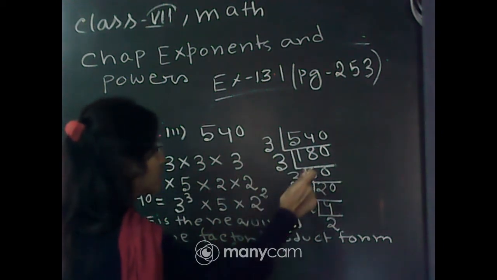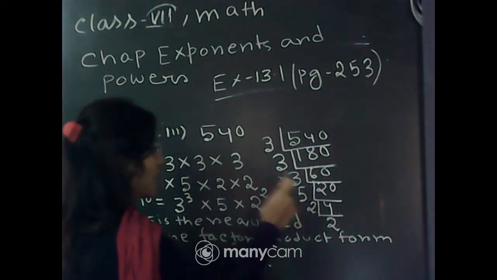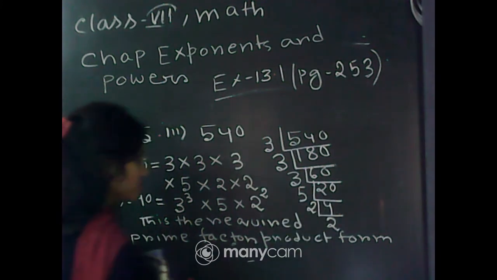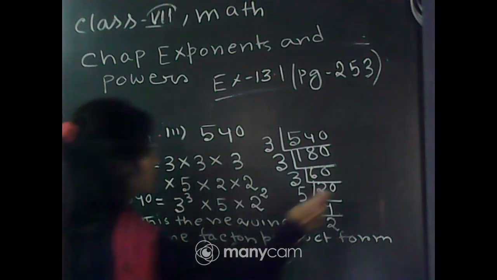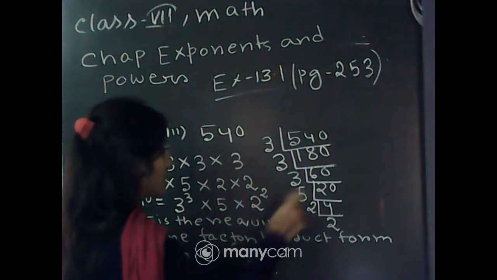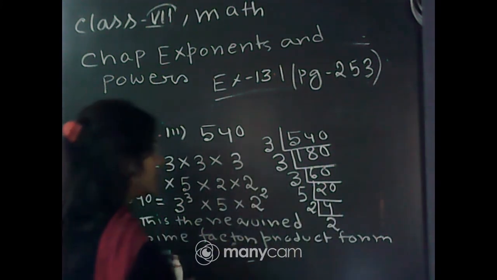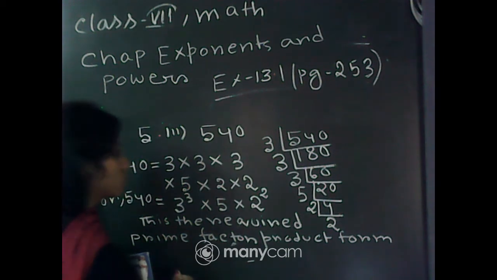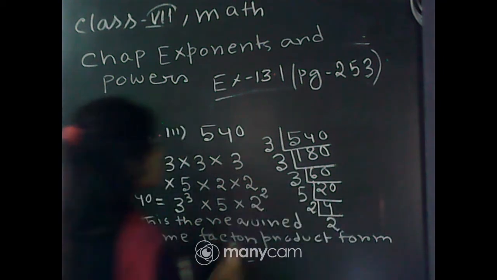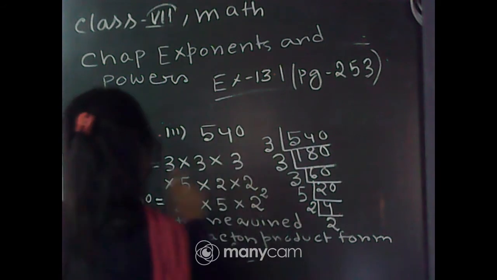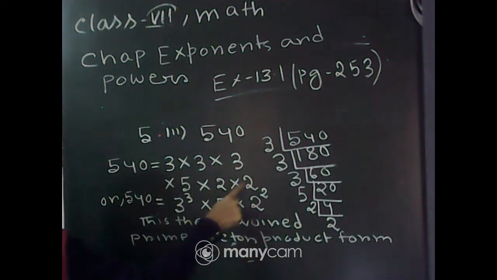Again we divide 60 by 3 and we get 20. And we divide 20 by the prime number 5 and we get 4. And finally we divide 4 by the prime number 2 and we get 2. So, 540 is the product of these prime numbers.